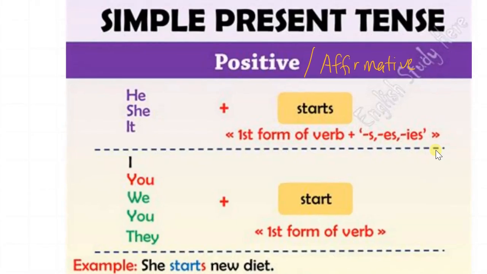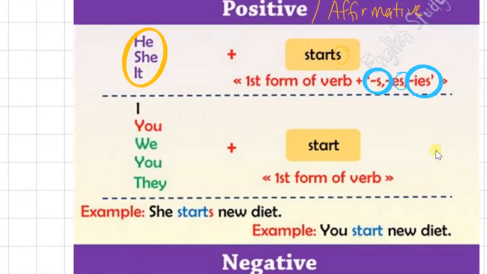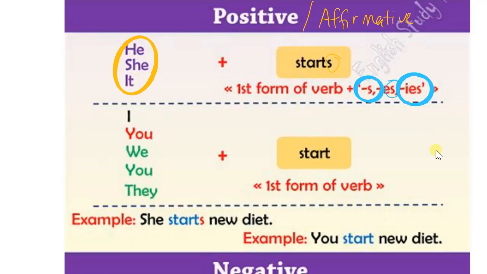When the pronoun is he, she, or it, the verb after that needs to be added with s or es or ies, depending on the verb. When the pronoun is they, we, you, you need to use the original form of the verb without adding any s.